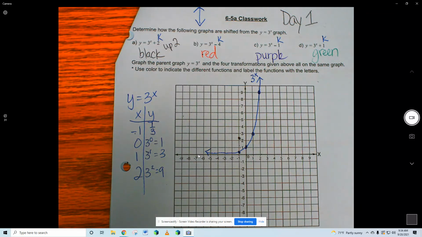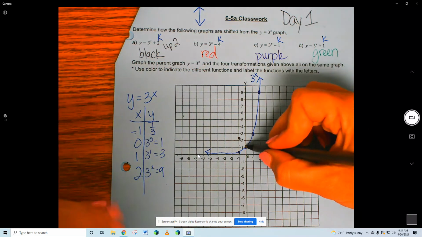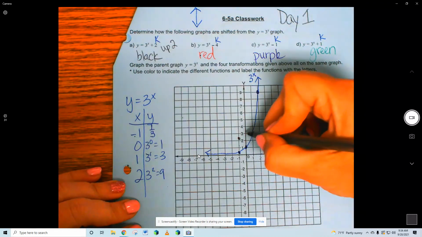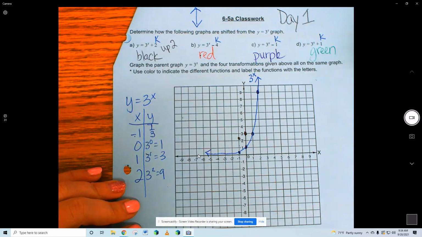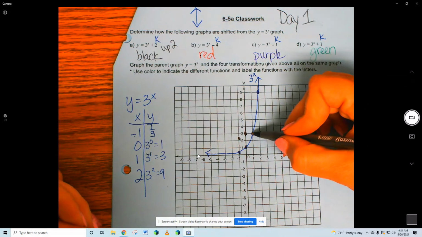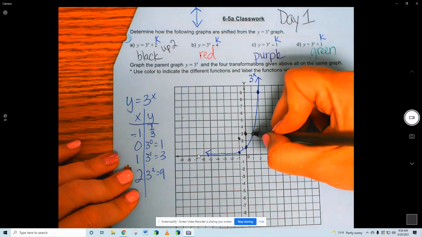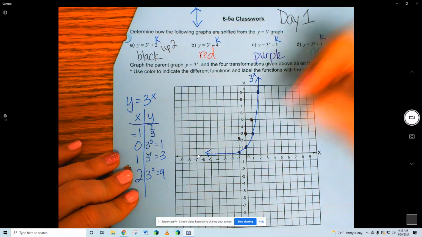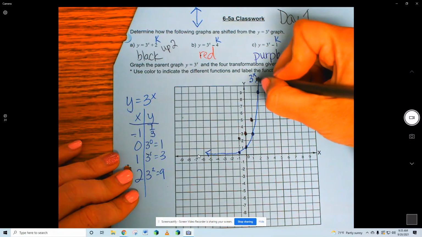Next. 2 up on my y-intercept. Here's my y-intercept. Just go 2 up. 1, 2. Let me make a dot. At this dot, 1 comma 3, go 2 up. And 2 up on the other one.